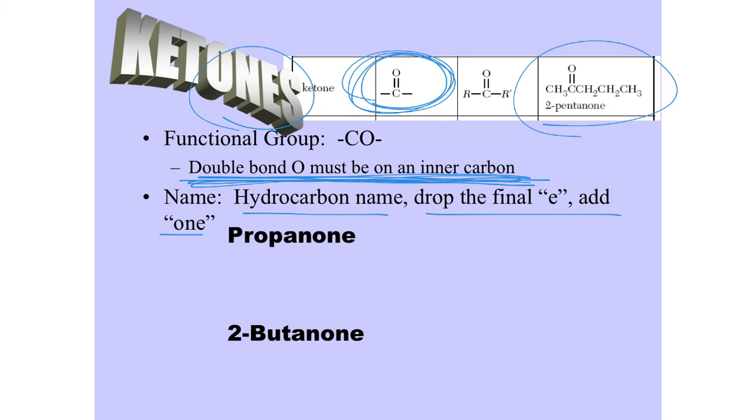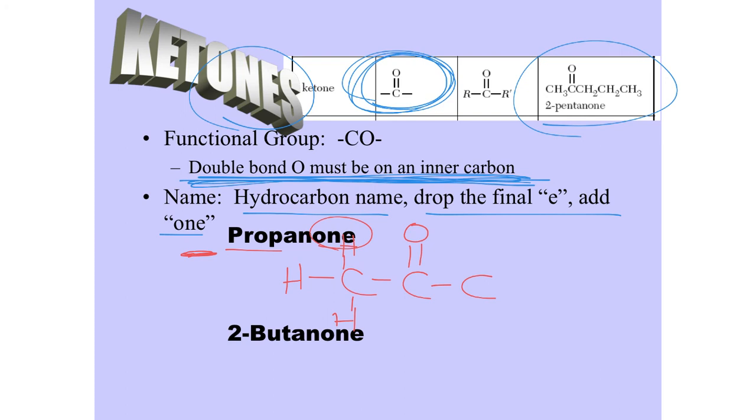All right, so first example, propanone. Propanone, we got 3 carbons, single bonds, and -one for ketone. Now they didn't give me a number out in front of where my double bond O goes, but it has to go here on this middle carbon because that's the only one that's an inside carbon. If it went on one of the outsides, then it would be an aldehyde. Then you go back, add in enough H's.